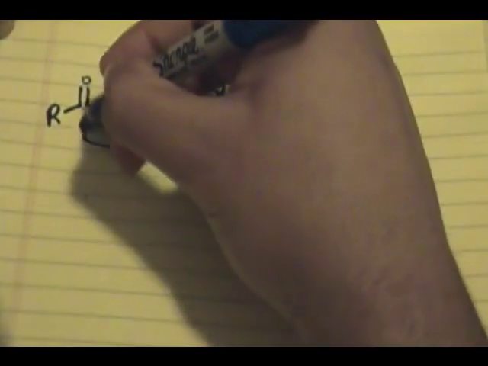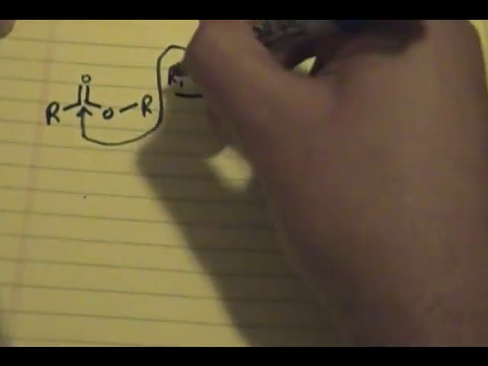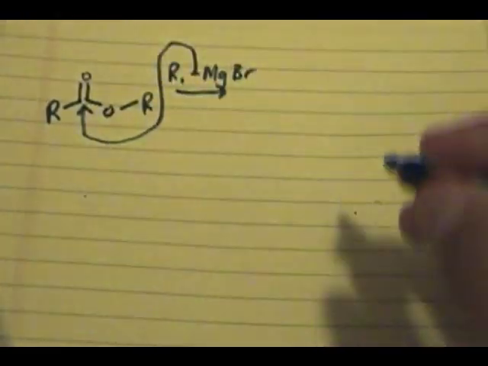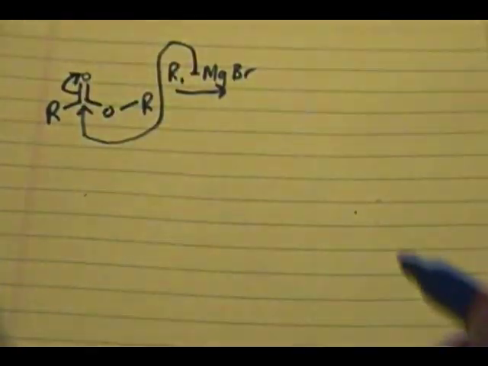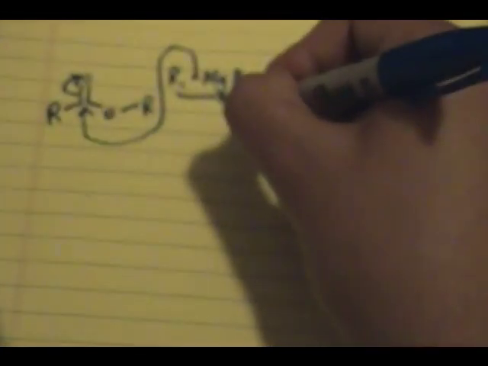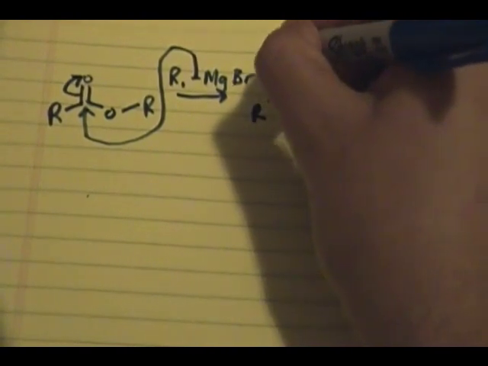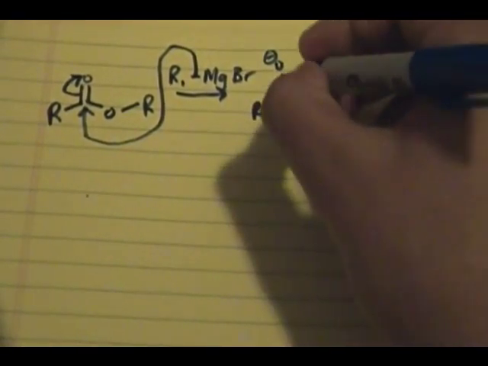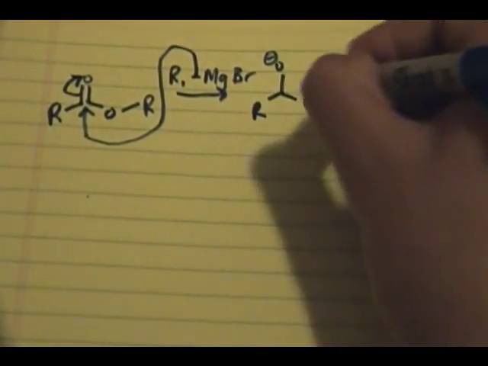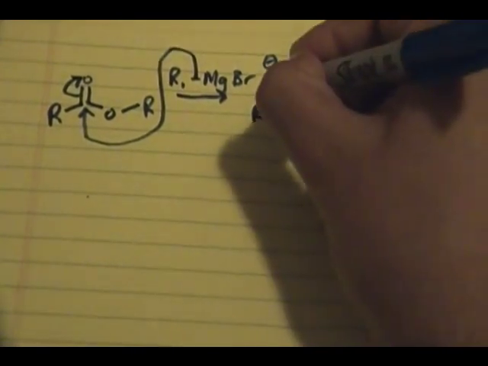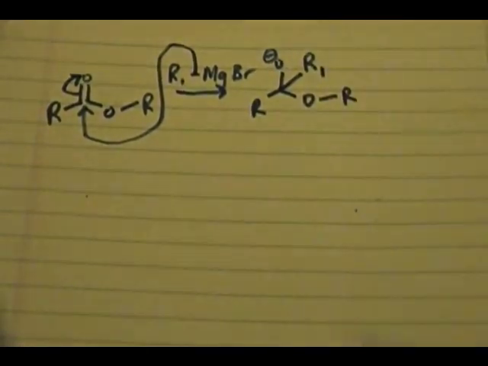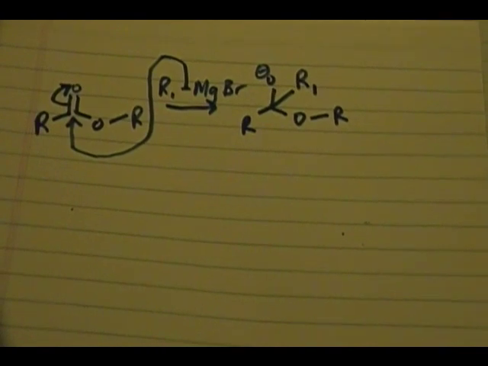Okay, the first step is pretty easy. It's the same as for the ketone. The R group, R1, will add into the carbon of the carbonyl. This will pop off to go on the oxygen. So you have O negative, OR, R1. So that's what you have to begin with.